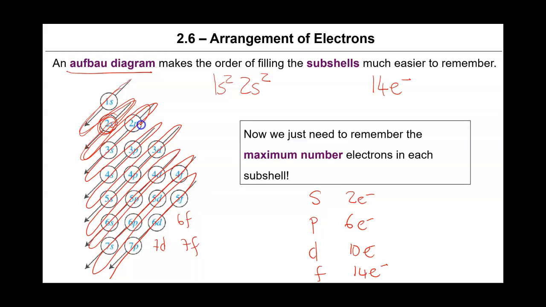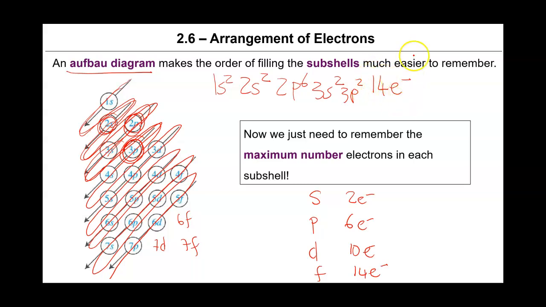Then I would move on to 2p, where I would put 6 electrons, and then I would move on to 3s, where I would put 2 electrons, and then over to 3p, and I would put another 2 electrons, and that would get me up to my 14.